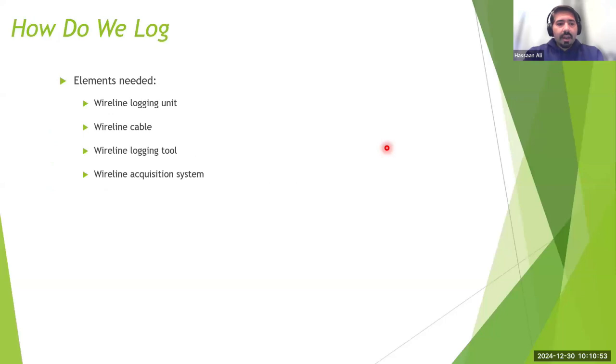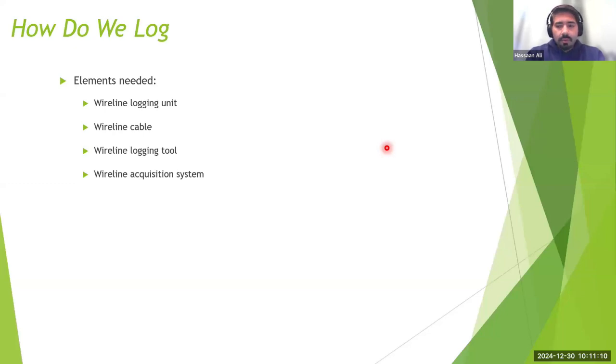How do we log? There are basically four big systems that are required for doing a wireline logging operation. Number one is the wireline unit, the logging unit. Second is the wireline cable that is going from the unit to the downhole tool.